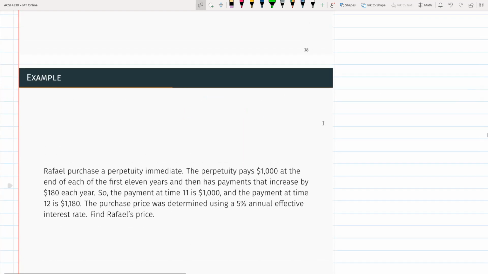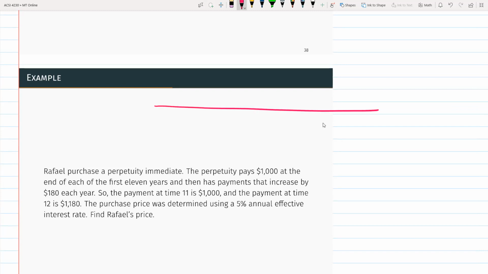So Rafael purchased a perpetuity immediate. The perpetuity pays 1,000 at the end of each of the first 11 years, and then has payments that increase by 180 each year. So the payment at time 11 is 1,000, and the payment at time 12 is 1,080. The purchase price was determined using 5% effective rate. Find Rafael's purchase price. So let's draw the timeline and see how it looks.